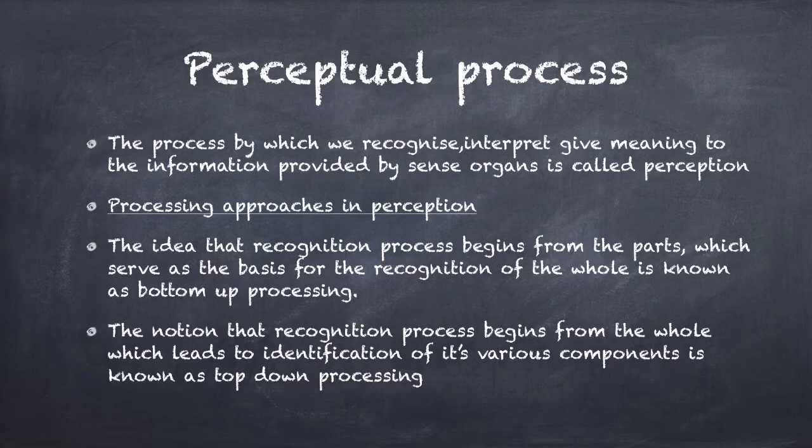Sensation is not enough. In doing so, we give meaning to stimuli by using our learning, memory, motivation, emotions, and other psychological processes. So we give meaning to the stimuli which gave us sensation through whatever we have learned so far.